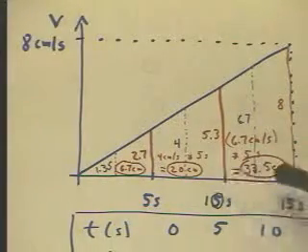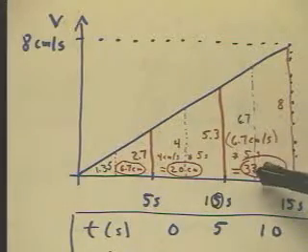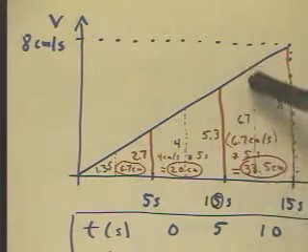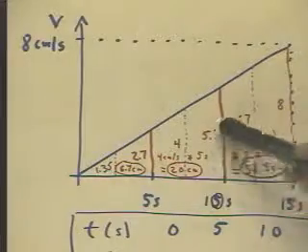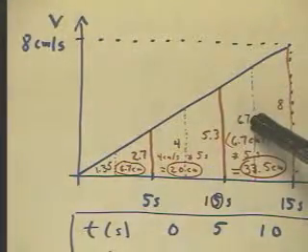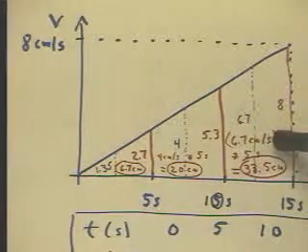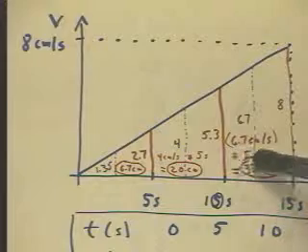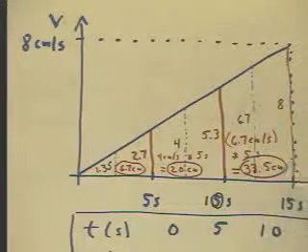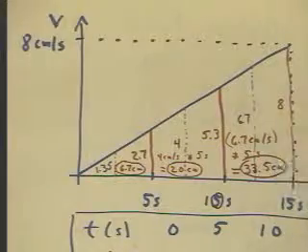Now the width of the trapezoid is 5 seconds, representing a 5-second time interval. The altitude of this trapezoid turns out to be the average of 5.3 and 8 centimeters per second, or 6.7 centimeters per second. So we multiply the 6.7 centimeters per second by the 5 seconds, somewhat hidden by the circle I drew here, and we obtain 33.5 centimeters.